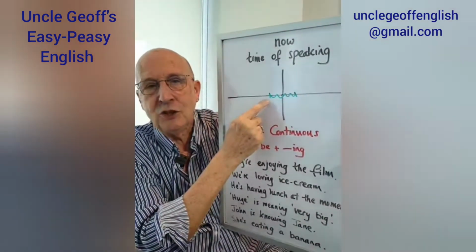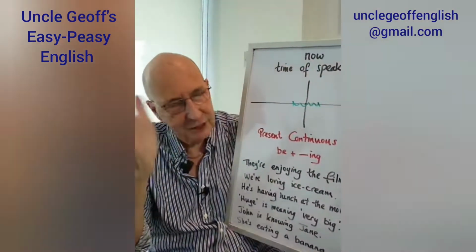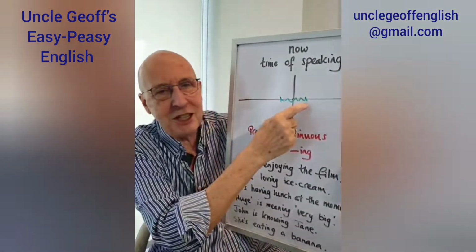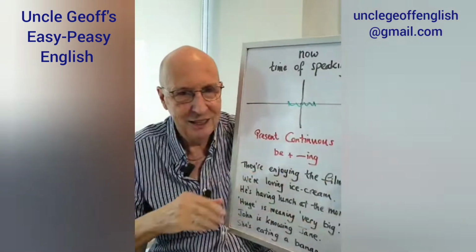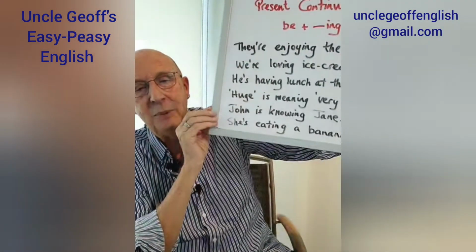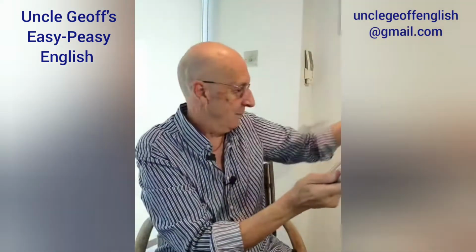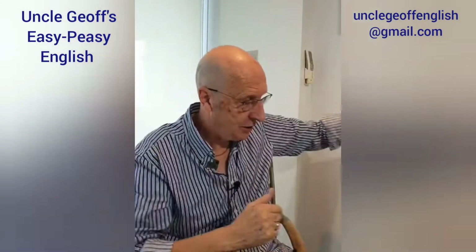She started just before now. Peeled it, delicious. Finishes it and throws the skin in the rubbish bin. So she is eating a banana. She's eating a banana. Good, huh?